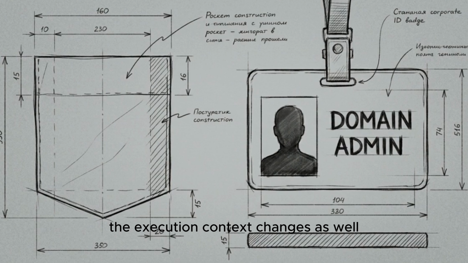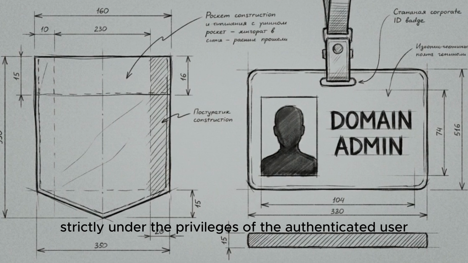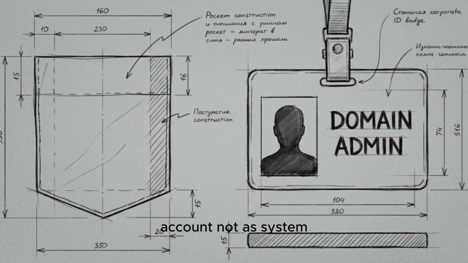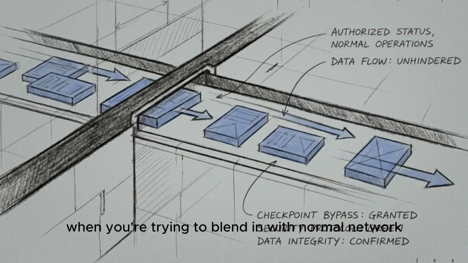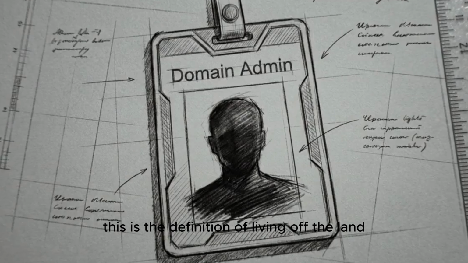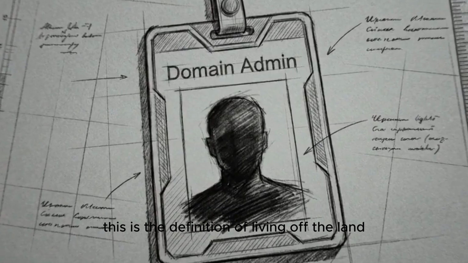The execution context changes as well. WinRM runs strictly under the privileges of the authenticated user account, not as SYSTEM. Operating as a domain admin rather than the local system is strategically beneficial when you're trying to blend in with normal network operations. This is the definition of living off the land, co-opting the operating system's native, pre-installed administrative tools for an offensive attack.